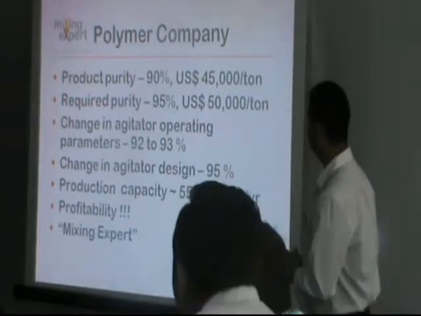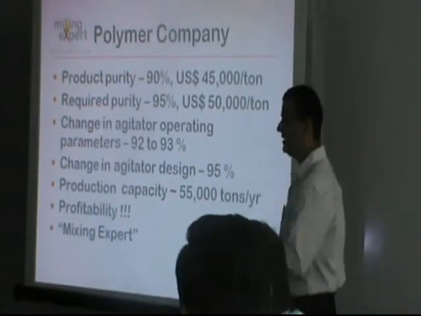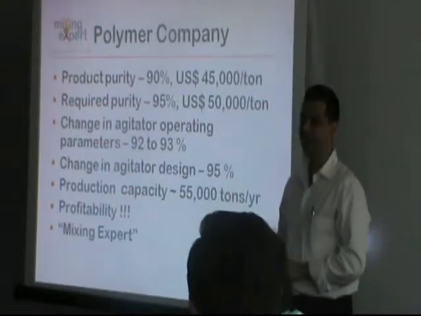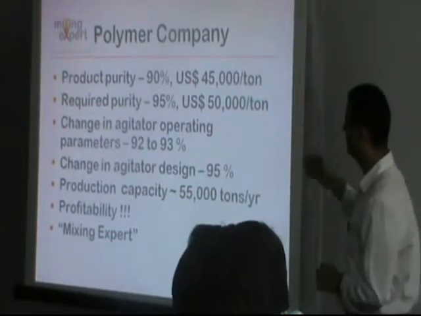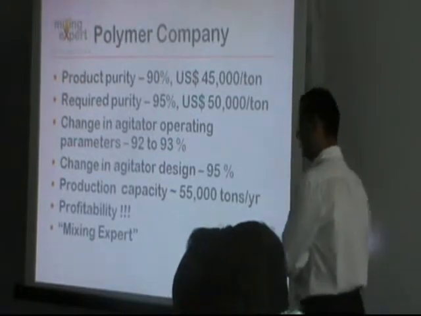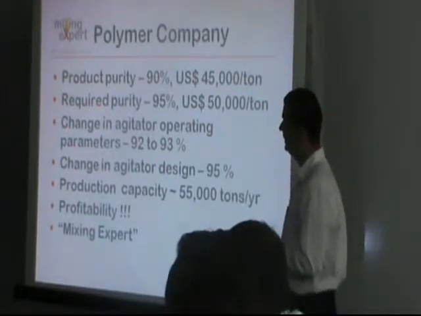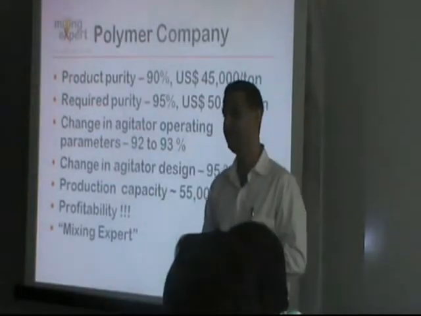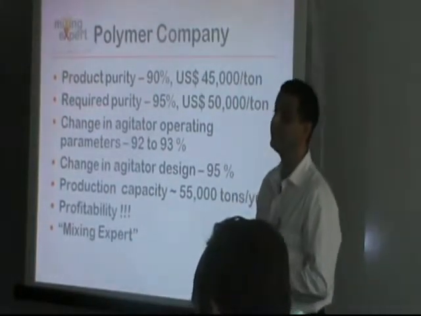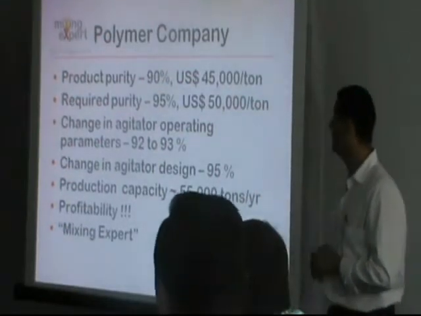Now, a wonderful example of how very, very little changes can make a big difference to a product. This is something which I have experienced personally. There is this company which is making polymers. It's one of its kind in India. They don't have competition as far as the Indian market is concerned.